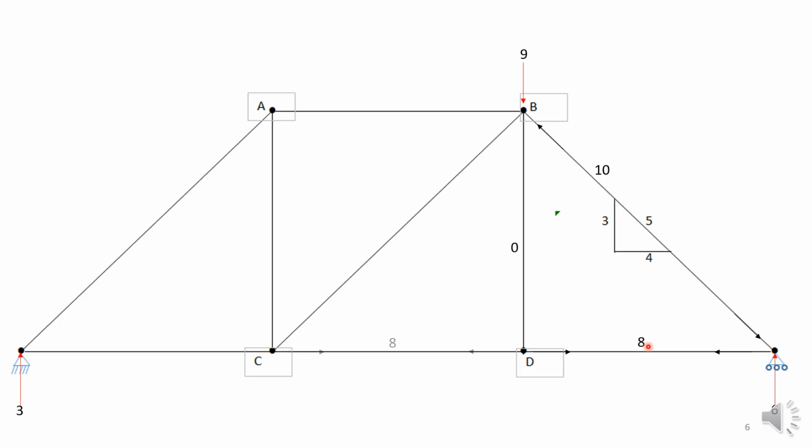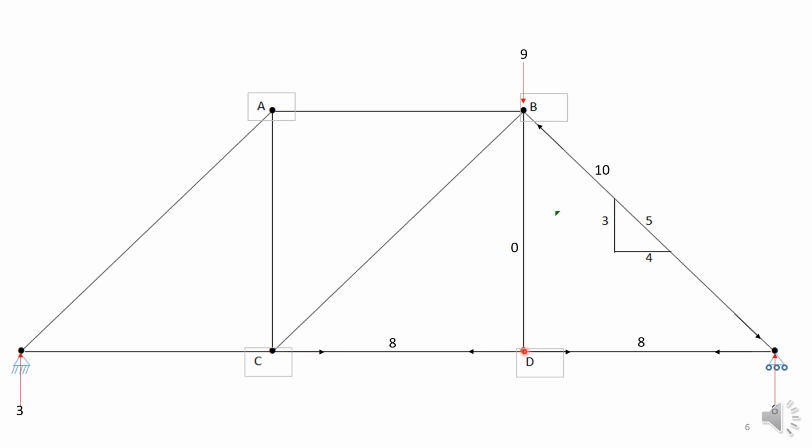Next, we'll go to this joint D. And if you consider equilibrium at D, the member BD is vertical, so whatever force it has will not be able to oppose the 8 horizontal or the other force in CD.